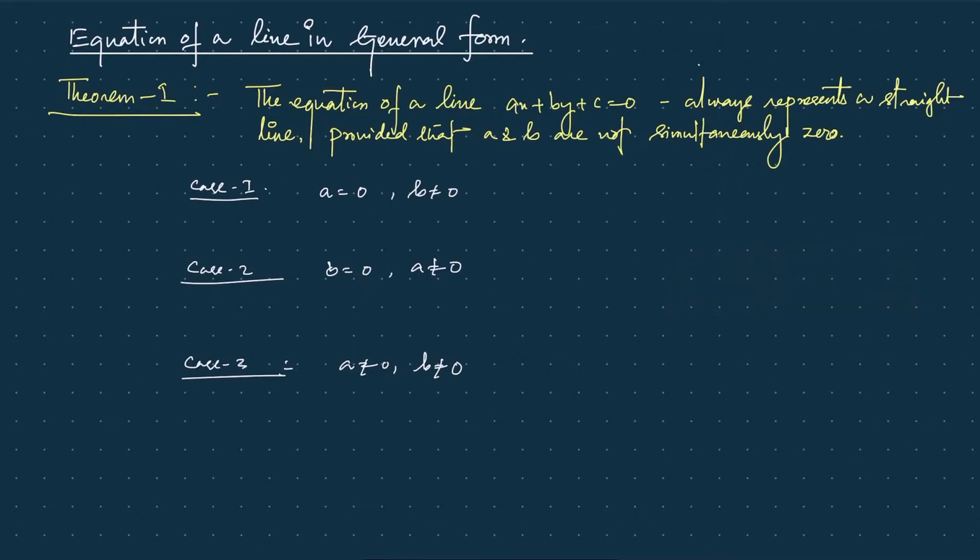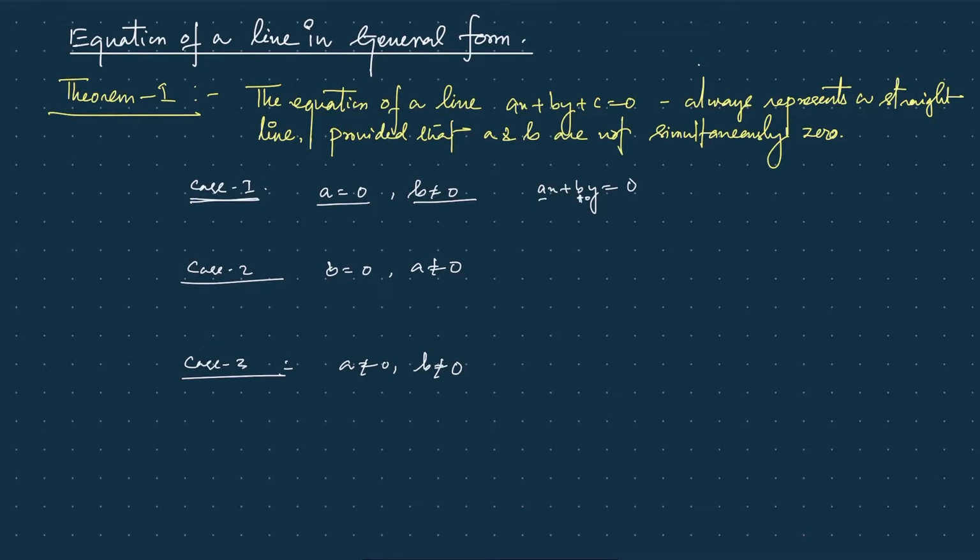First we will look at case 1. Here suppose a is equal to 0 but b is not equal to 0.